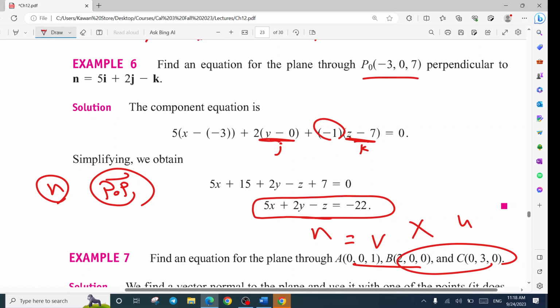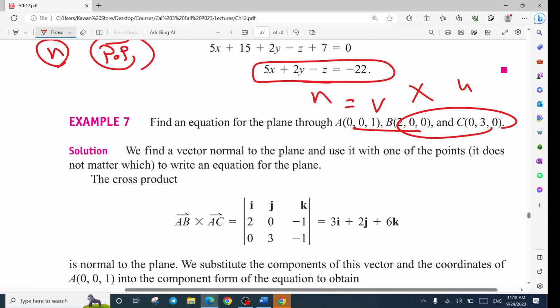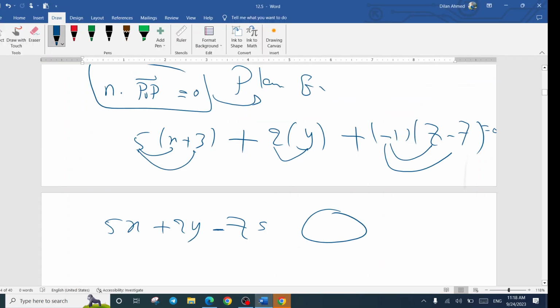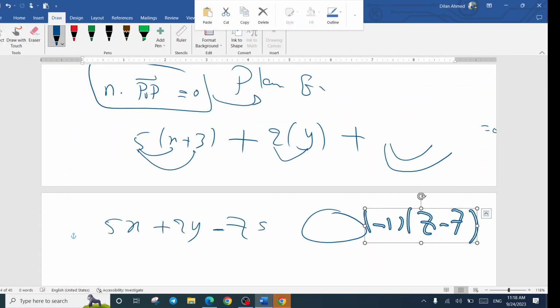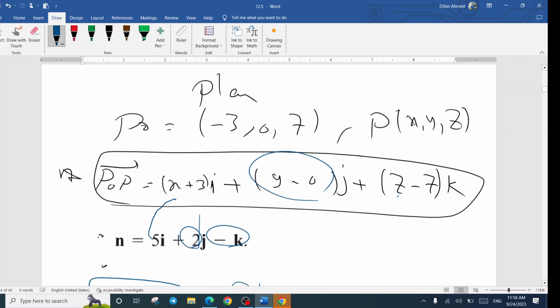In chapter 12.3 or 4, we learned how to find a cross product. So the same. Like here. How do I bring that one?